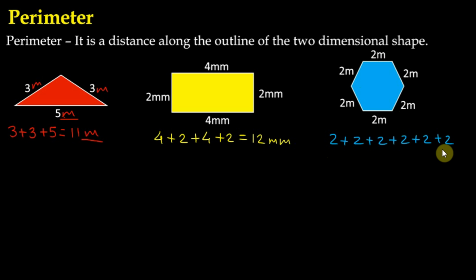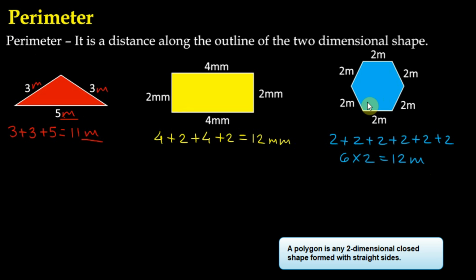Now as we are adding 2 6 times, we can also write this as 6 times 2, that equals 12 meters. So the perimeter of this hexagon is 12 meters. So are you getting this idea? We can determine the perimeter of any polygon by adding the lengths of its sides.